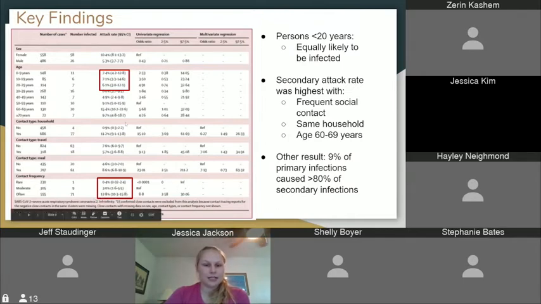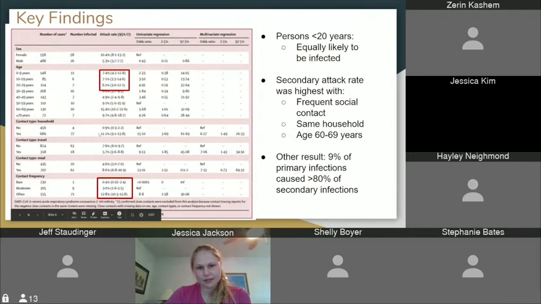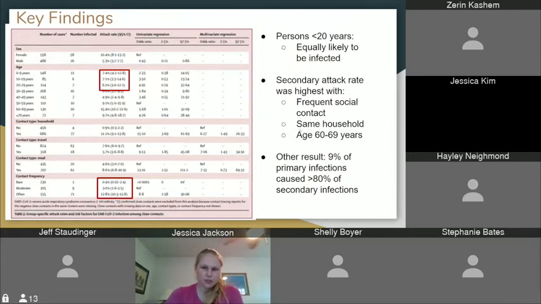And another thing to note is that even among people who had frequent contact or who lived in the same household with the primary case, the secondary attack rate was only 12.8% and 11.2% respectively, which was a slightly surprising finding given that this is a new disease with an immunologically naive population.